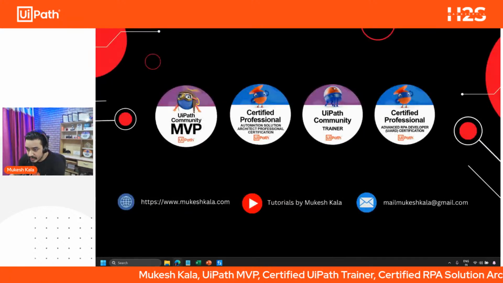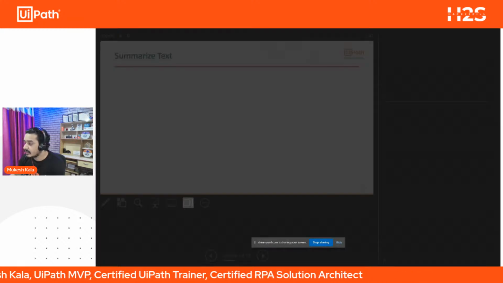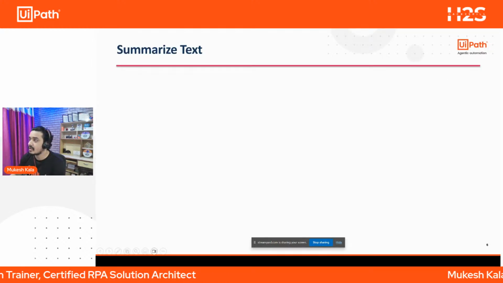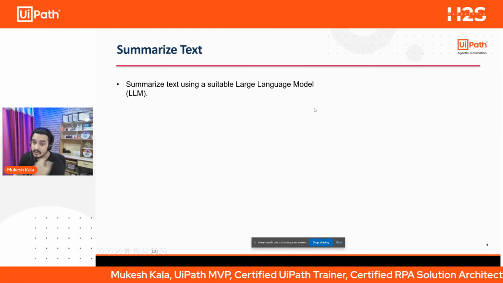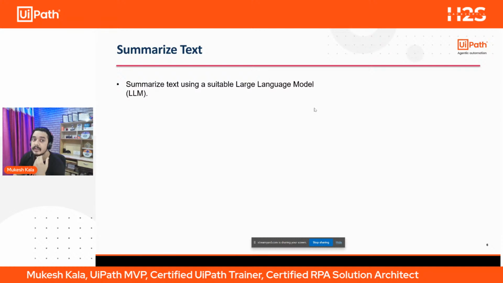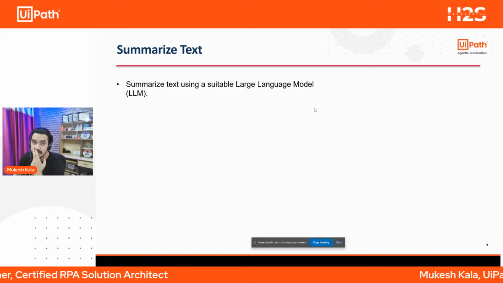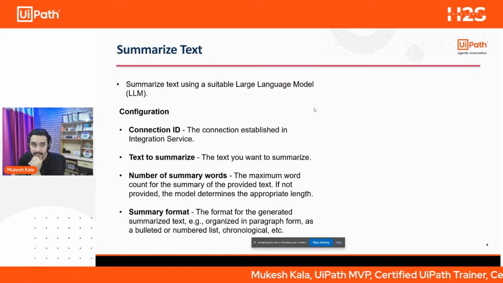Before I go to that, let me quickly show you what we wanted to do. We have an activity called summarize text, which opens a lot of use cases for you, and one of them you will get as an assignment also. The input to summarize text is a long piece of text which you provide to the LLM.